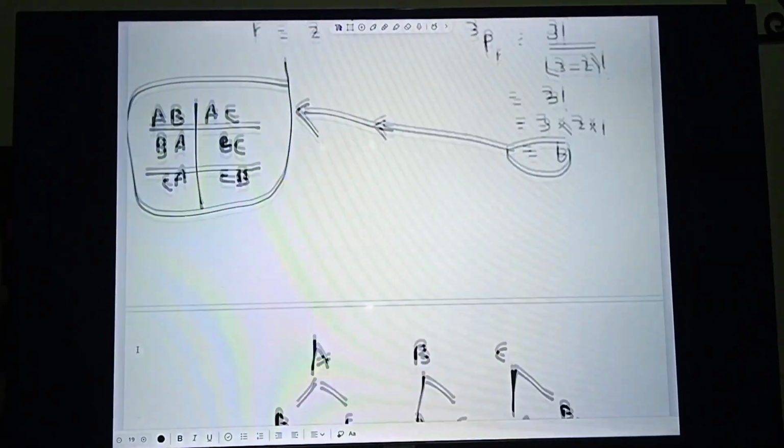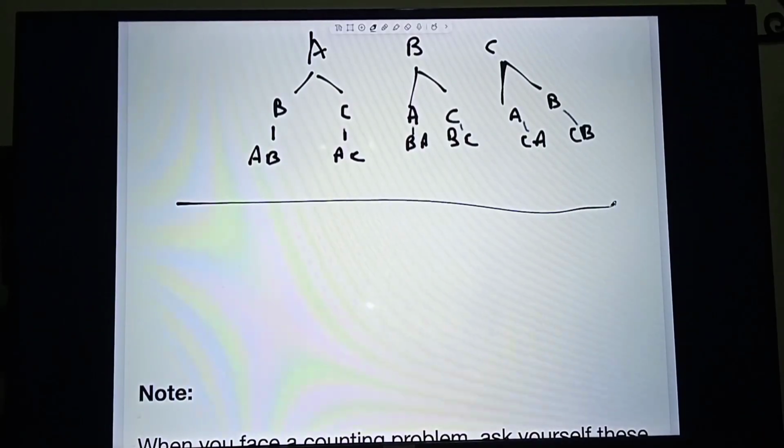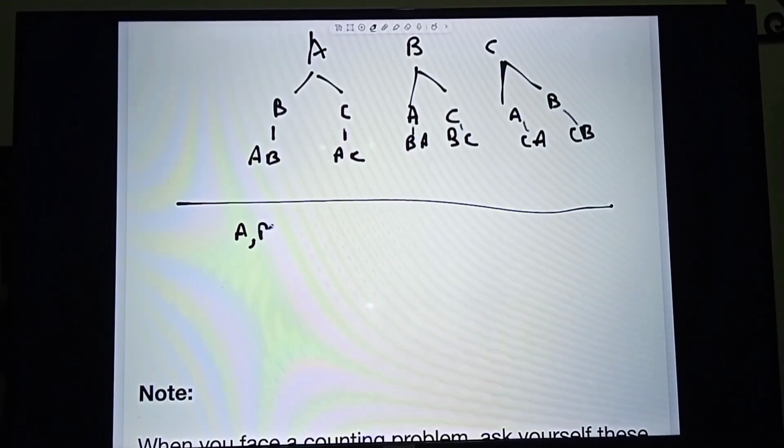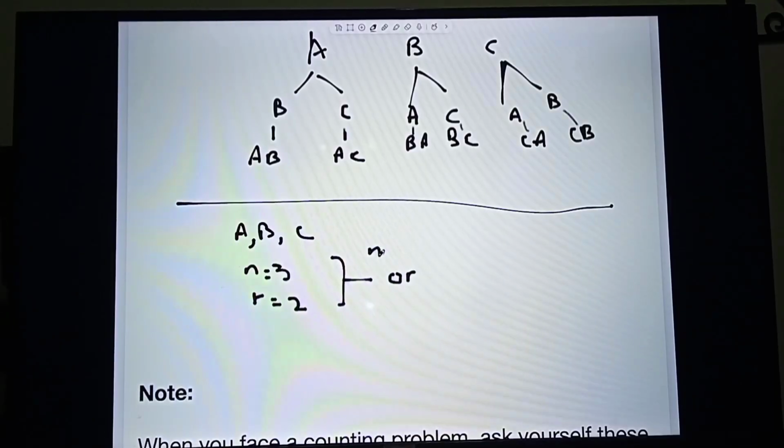So if you have 3 books, A, B and C, that is n is equal to 3, and you want to pick 2 out of it, and if order doesn't matter and you don't want to account for order, that is no order.